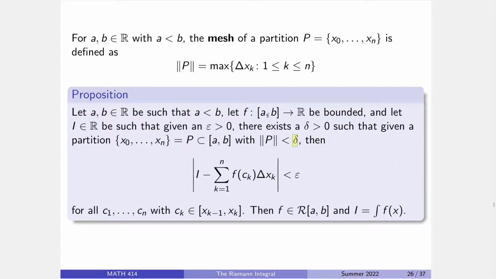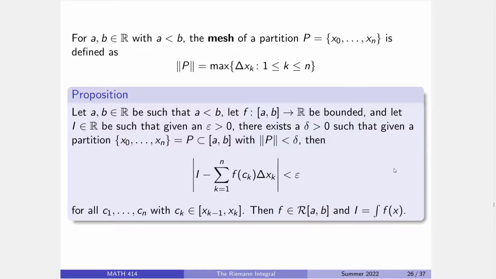Okay, if you have a bounded function and a real number with these properties, given an epsilon there is a delta so that for any partition whose maximum subinterval size does not exceed delta, the number I is always within epsilon of any Riemann sum, does not matter if it's left or right-hand, or midpoint rule. Then you must be integrable, and the I you have is indeed the integral.